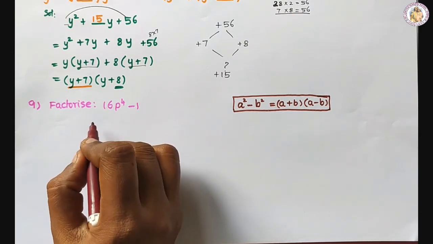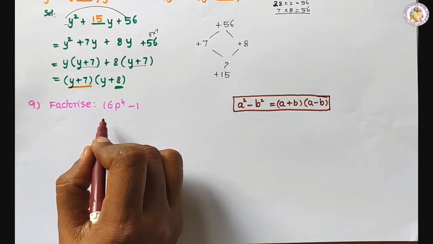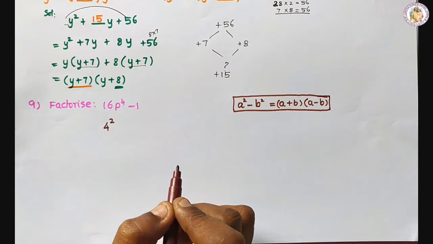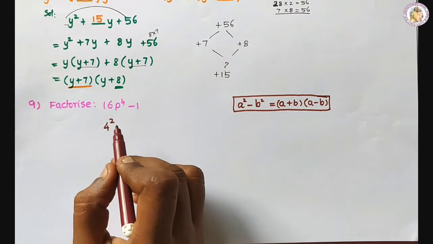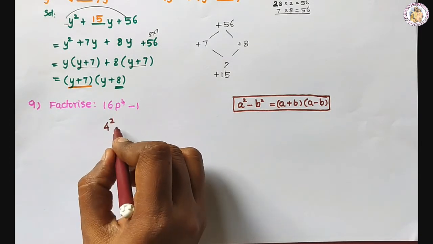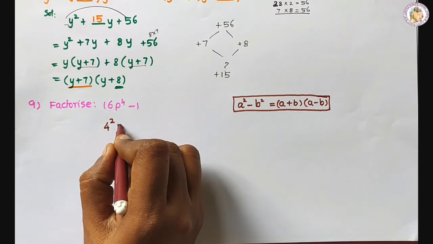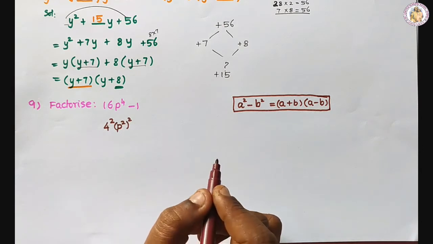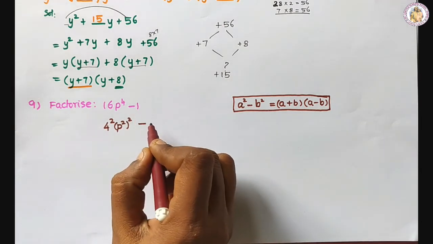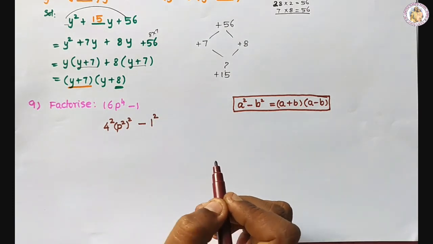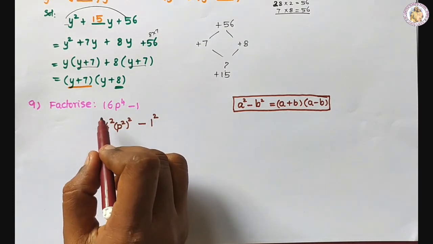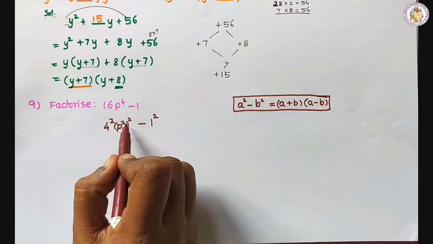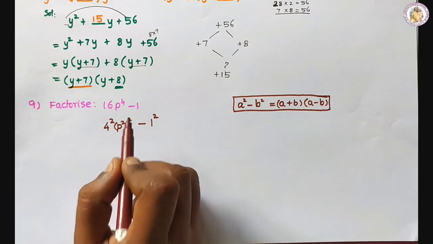Listen, 16 can be written as 4 squared, right? 4 into 4, 16, and p power 4 can be written as p squared whole squared, minus 1 can be written as 1 squared. Listen children, 16 can be written as 4 squared and p power 4 is p squared whole squared minus 1 squared.